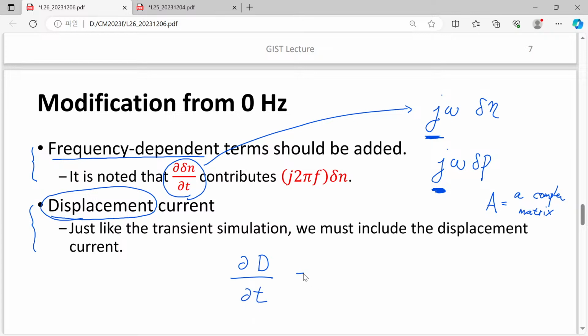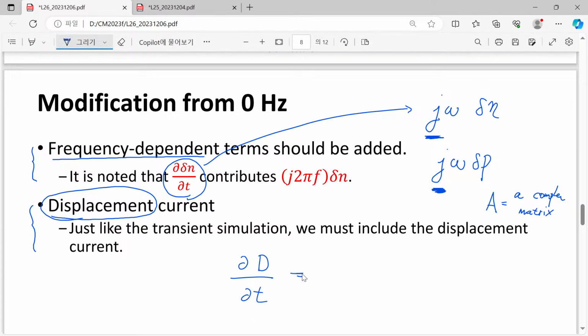So this is the original form, and it will convert into j omega times delta D. What is delta D? Since D is given by minus epsilon d phi over dx, delta D should be written as this form, right?